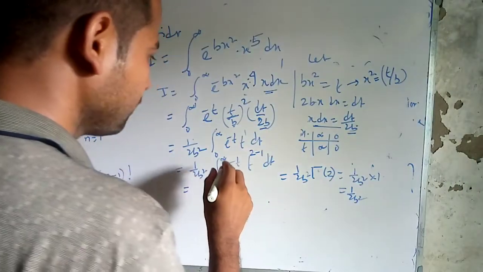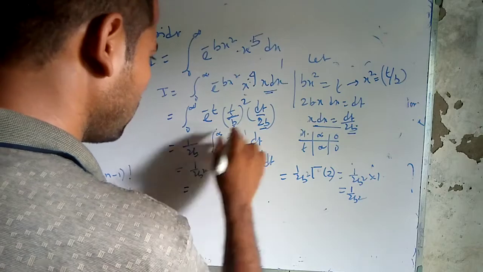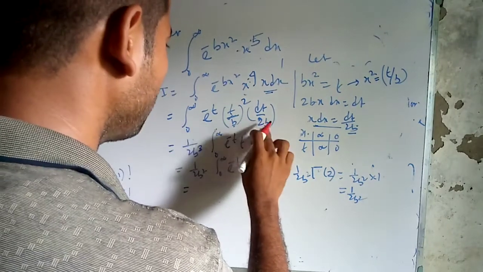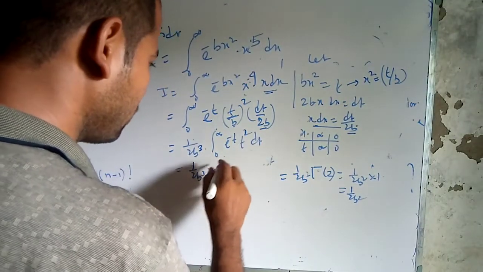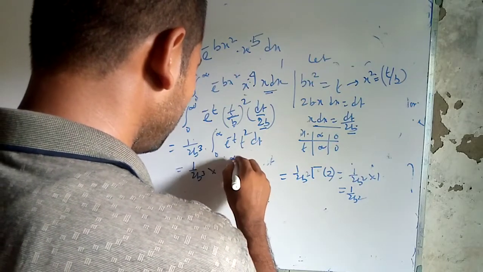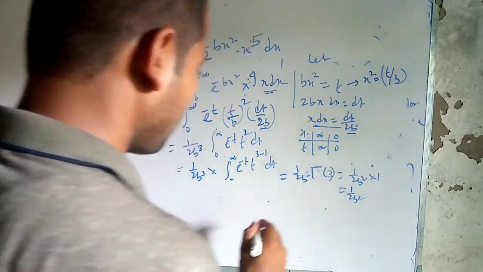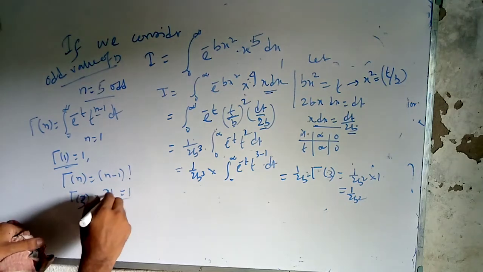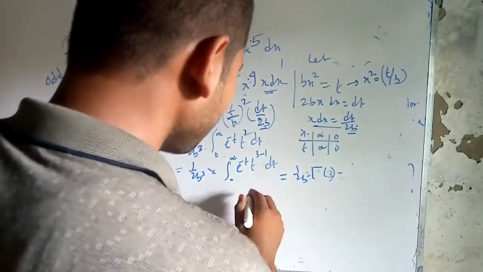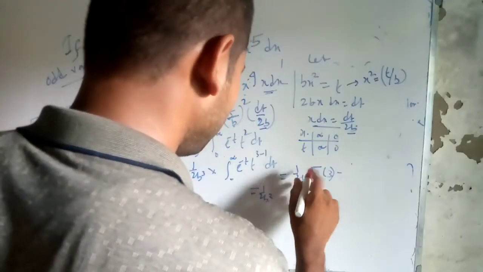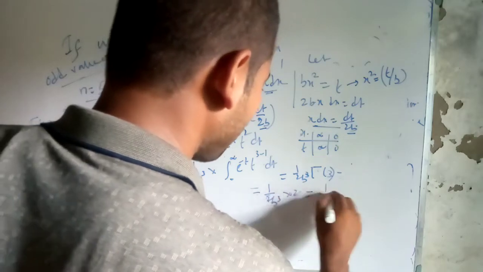Hence it changes to 1 by 2b squared times b squared by t squared, giving the integral of e to the power minus t into t to the power 3 minus 1 dt, which is gamma function of 3, factorial 2, equal to 2. So 1 by 2b cubed... the 2 cancels, hence the answer is 1 by b cubed.